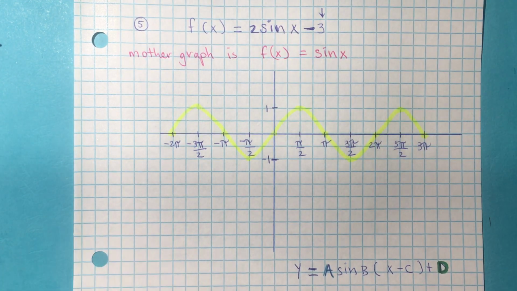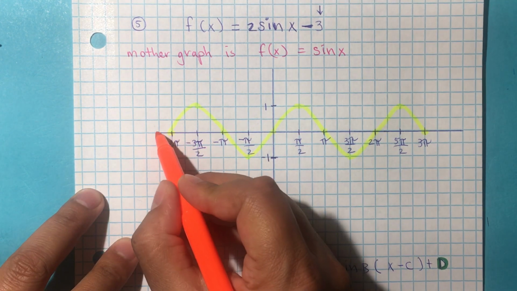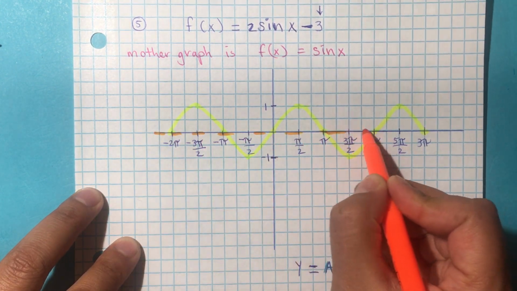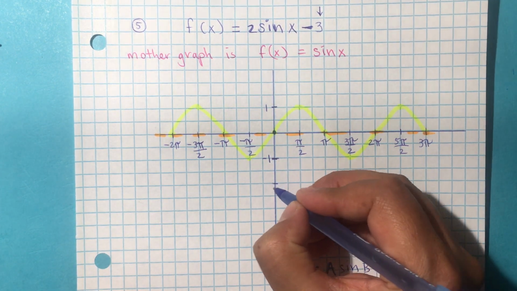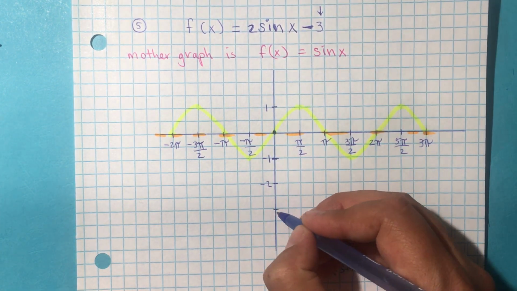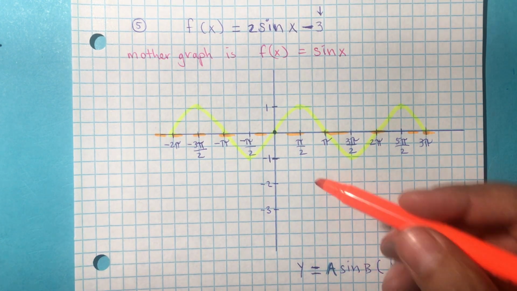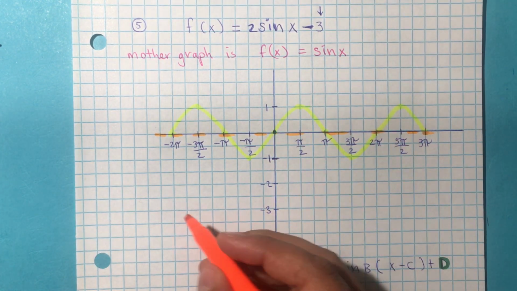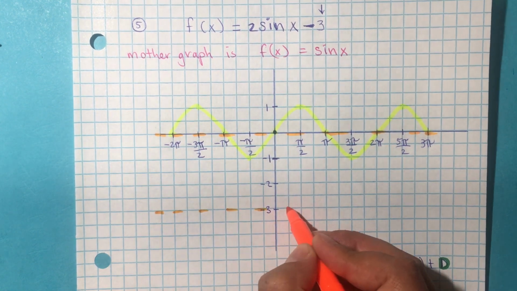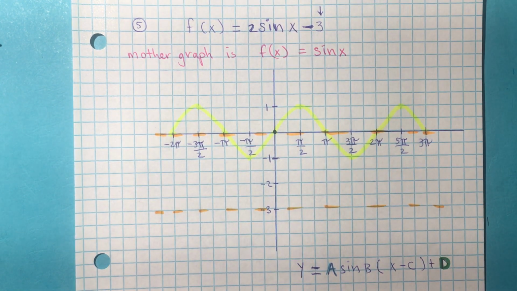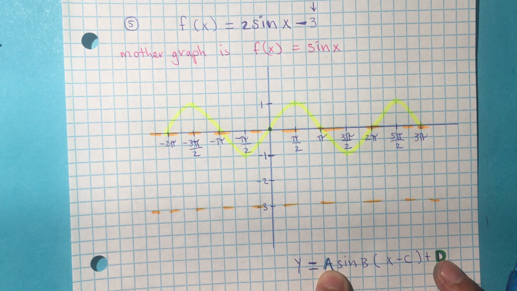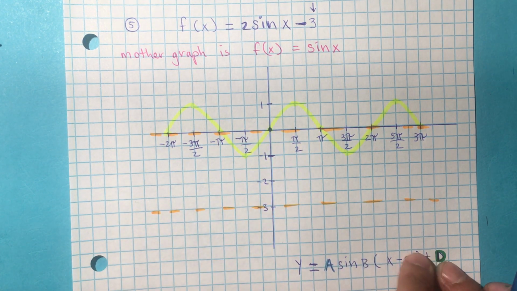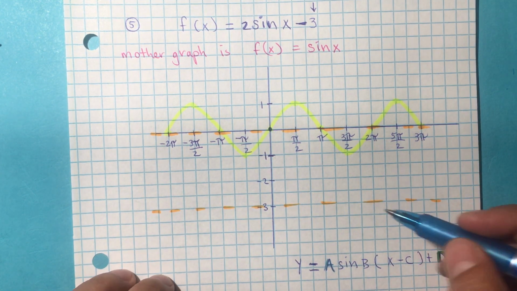Okay, so the first thing that we want to do again is draw our midline, and we're going to move the midline 3 spaces down. So 1, 2, 3. My midline is now going to be down here. And so we're transforming the amplitude, and we're transforming the midline, right? We changed the midline already, 3 spaces down.